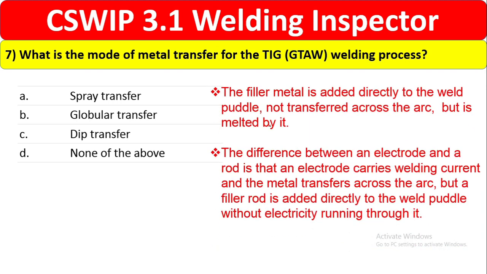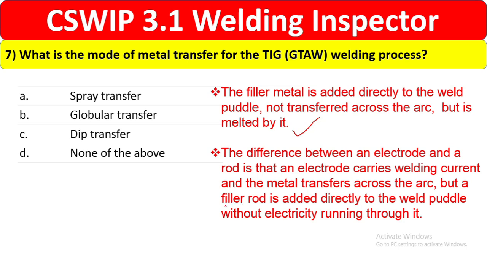Now you have to check here the explanation. The filler metal is added directly to the weld puddle. So in TIG welding, what happens? The filler metal is added directly to the weld puddle, not transferred across the arc, but is melted by it. The difference between an electrode and a rod is that an electrode carries welding current and the metal transfers across the arc.